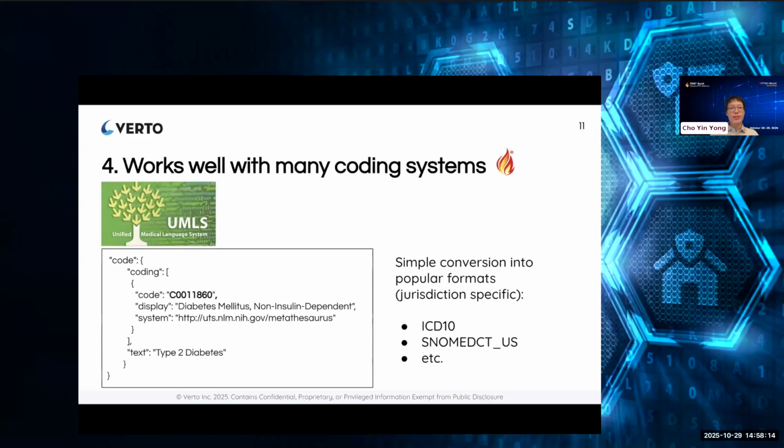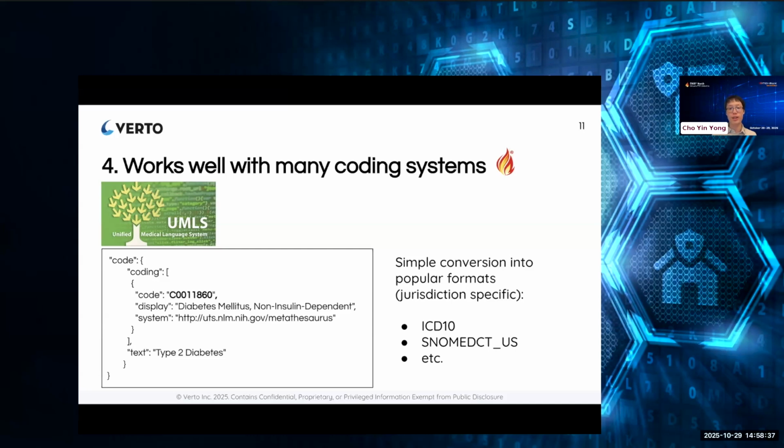The fourth reason is that FHIR works very well with many coding systems. And so Verto chooses UMLS as our prime terminology set in order to code clinical concepts. And that is because UMLS offers a crosswalk to a lot of popular code systems that are jurisdiction specific.